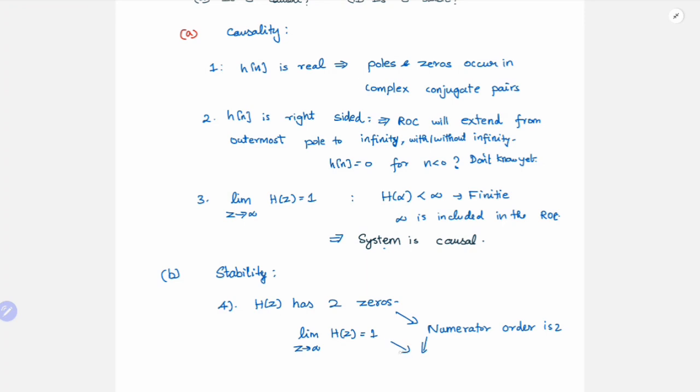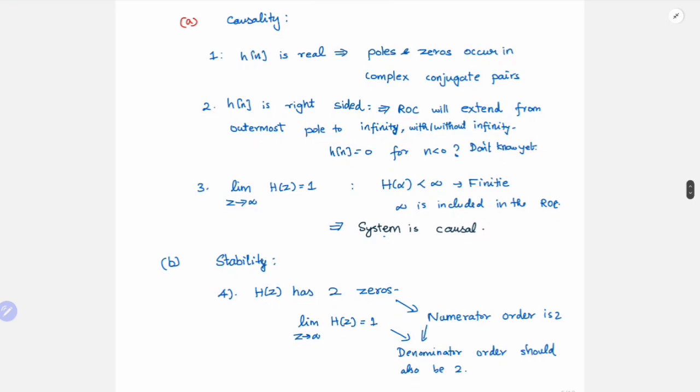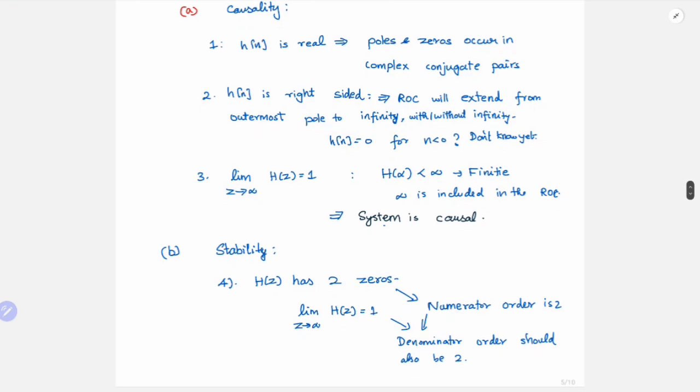And this plus this implies your denominator order should also be 2, correct? Then only you will get a finite number when you tend z to infinity. If either order is greater than the other, then it will tend to either 0 or infinity. So this should be the case.